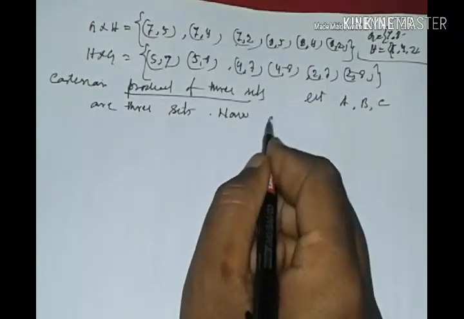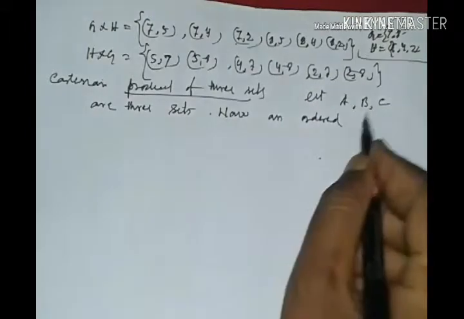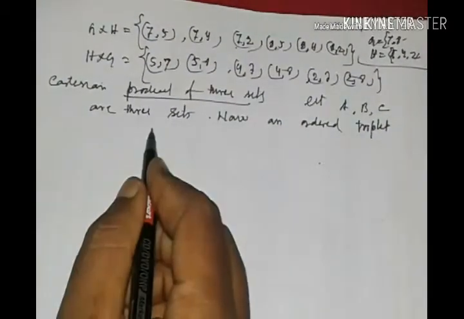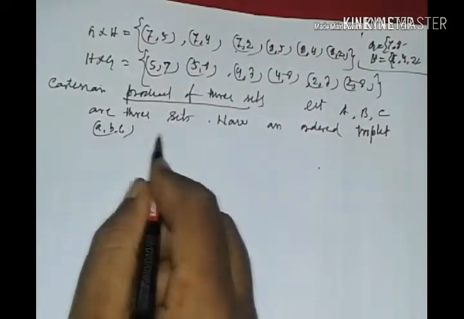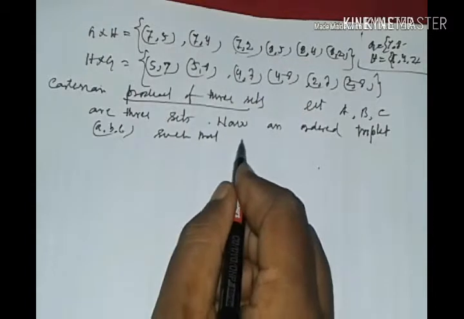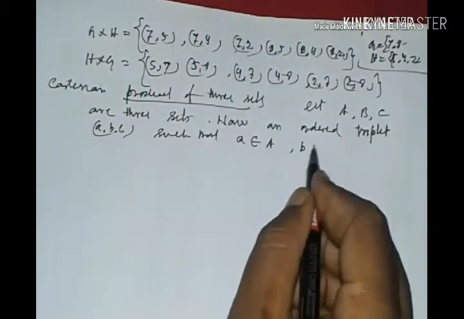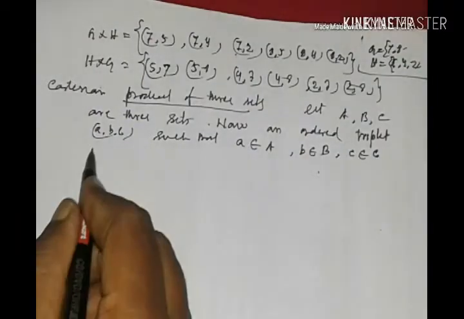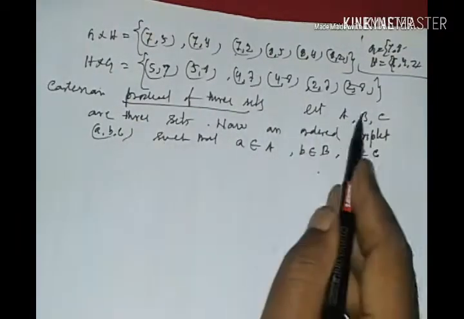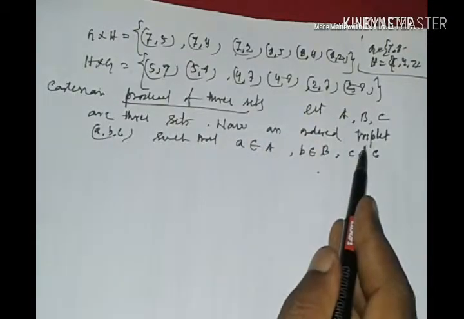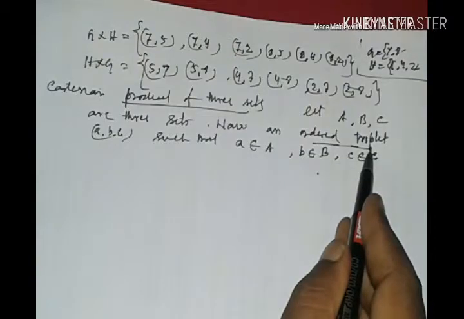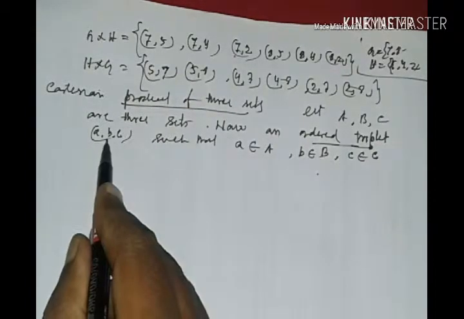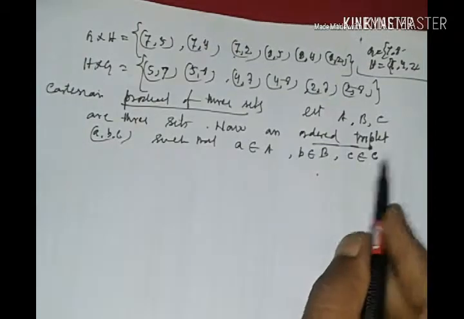Now, an ordered triplet (a, b, c), such that a will come from set A, b will come from set B, and c will come from set C. Earlier we had an ordered pair; now it will be an ordered triplet (a, b, c) such that the first component will come from set A, the second component will come from set B, and the third component will come from set C.